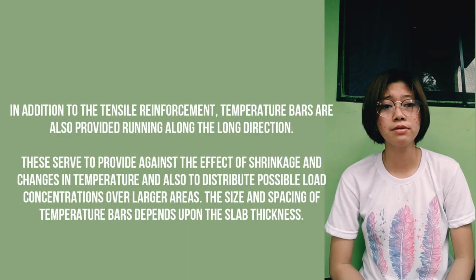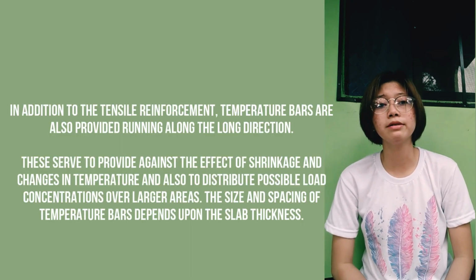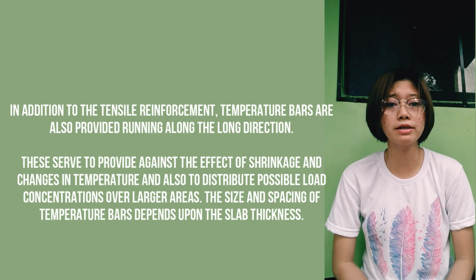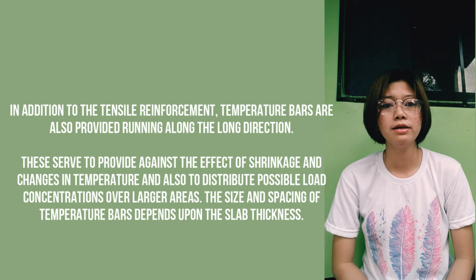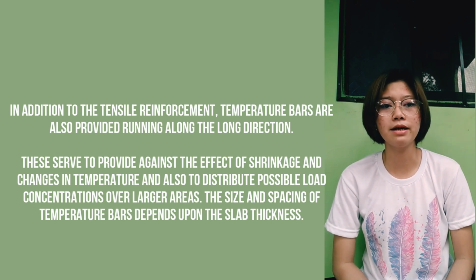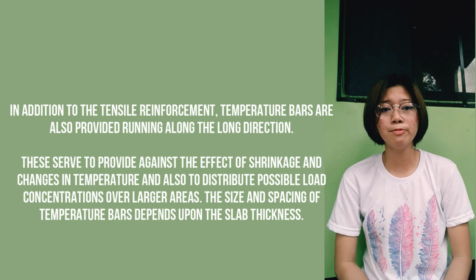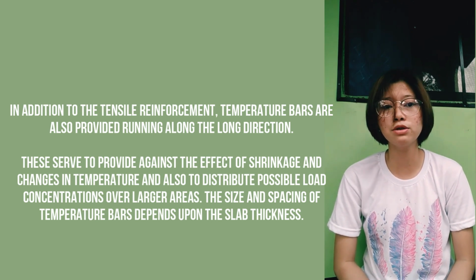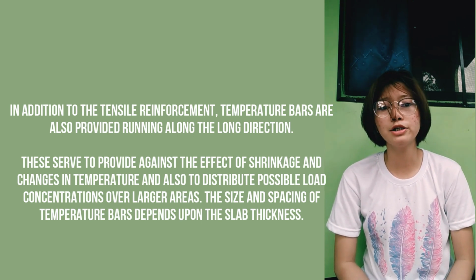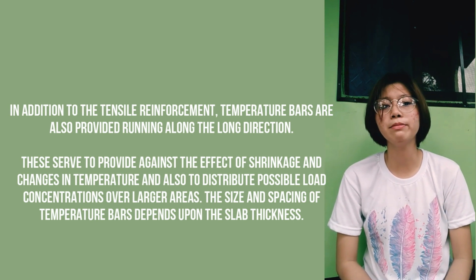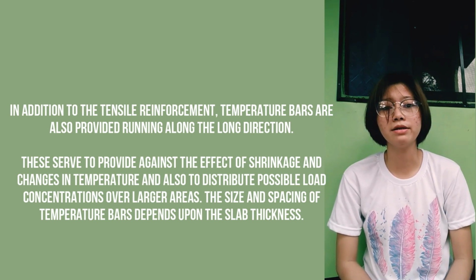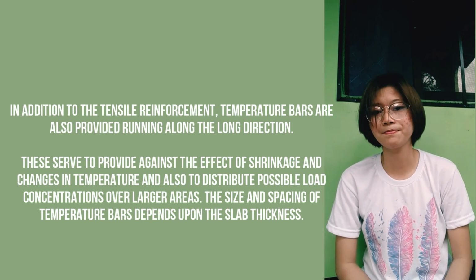In addition to the tensile reinforcement, temperature bars are also provided running along the long direction. This serves to provide against the effect of shrinkage and changes in temperature, and also to distribute possible load concentration over larger areas. The size and spacing of temperature bars depends upon the slab thickness.